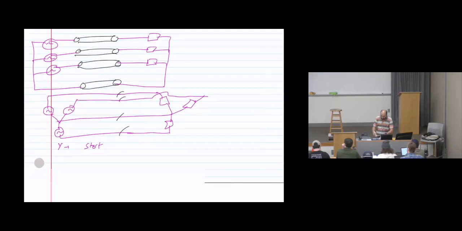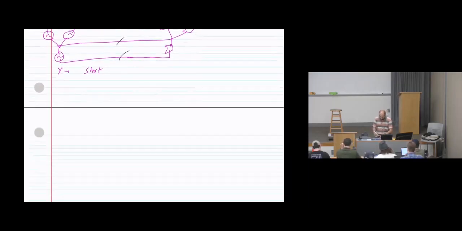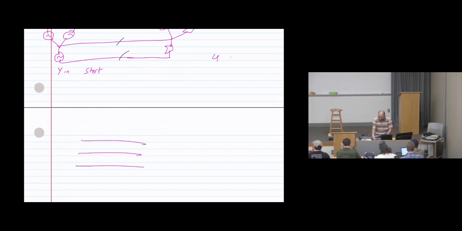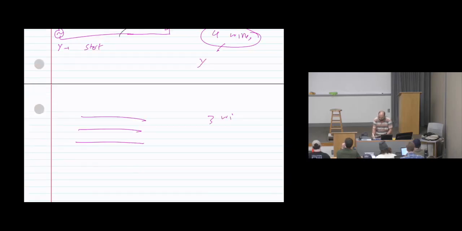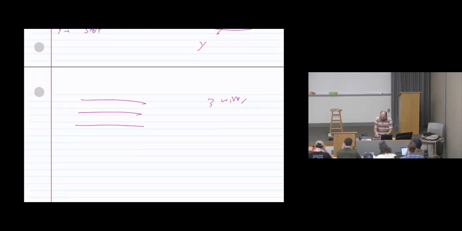Now, if we have 3 wires, not 4, how will the connection be? When we have only 3 wires. So for 4 wires, it must always be Y. With 3 wires, we can actually have 2 connections. The first connection: here is a source, here is a source, here is a source, and here is a load, here is a load, here is a load.